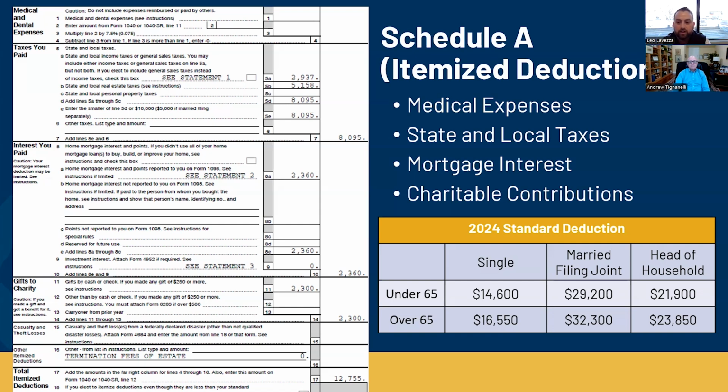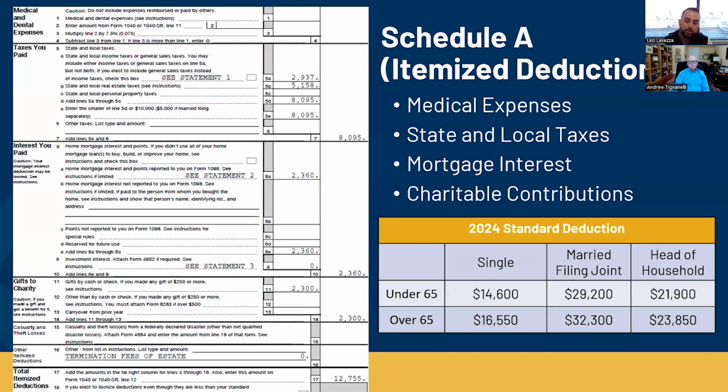So if you're making cash gifts to charities or non-cash gifts, if you're making contributions to charity, they're going to show up down here in box 14. And then when you add all these up, what you want to look at is the total of these itemized deductions. So in this sample case, we add them up, it's about $12,750 of itemized deductions.